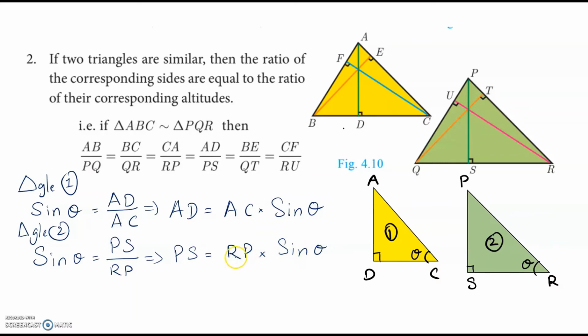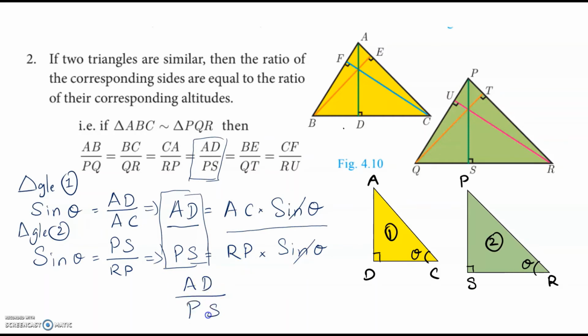Now if I divide AD by PS, then I have to divide the right side also. My sine theta and sine theta will get cancelled. I will be left with AD by PS is equal to AC by RP.